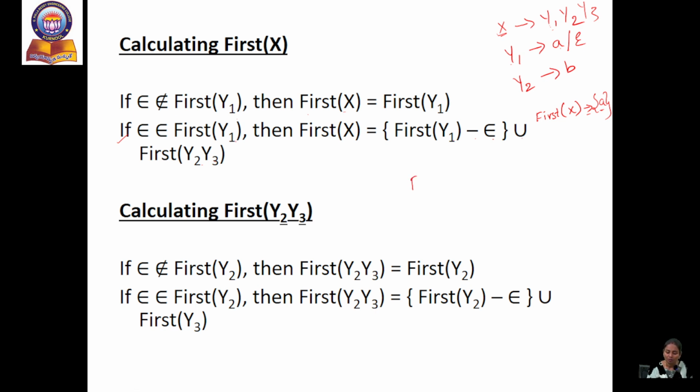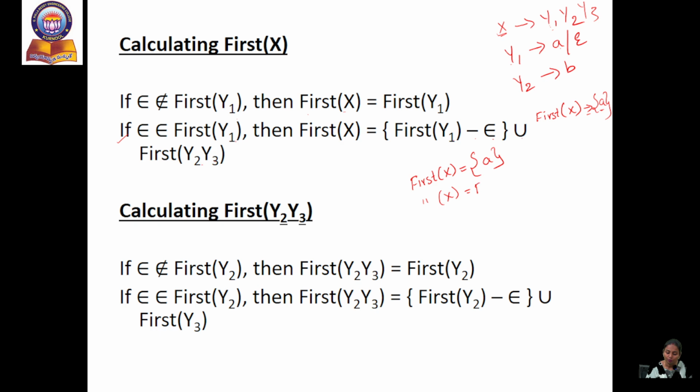So first of x is equal to, if there is no epsilon in the given grammar, then it is only a. Suppose here epsilon is there, then what we have to do?